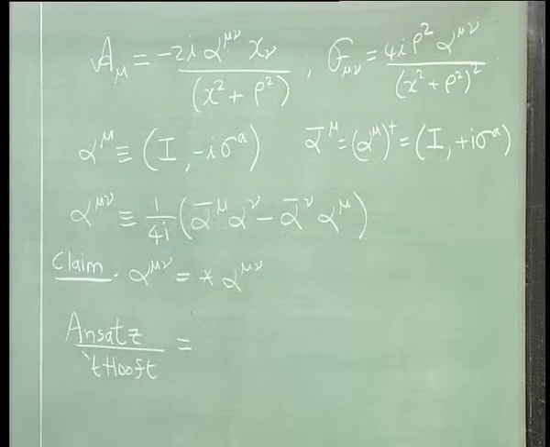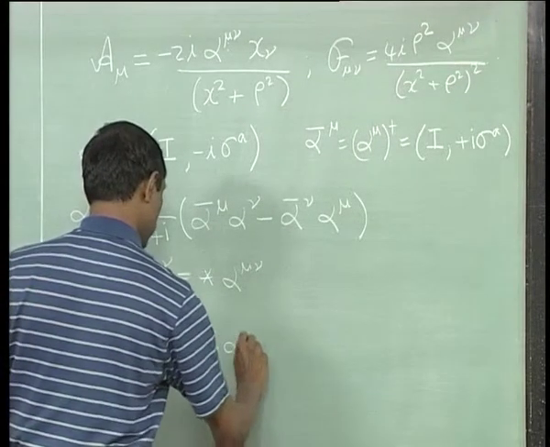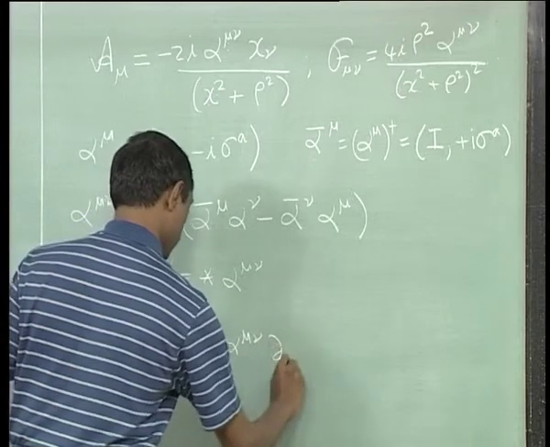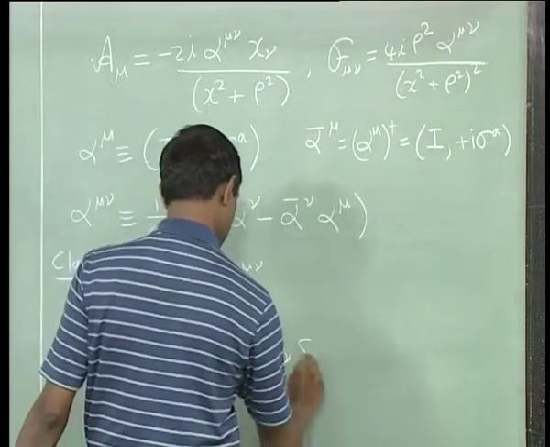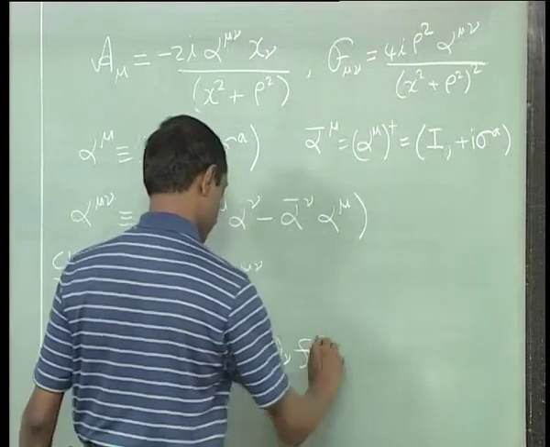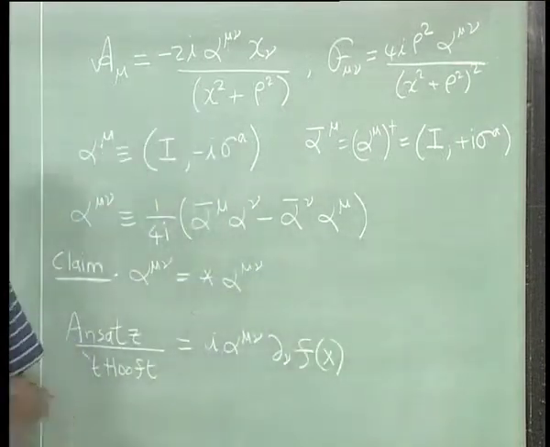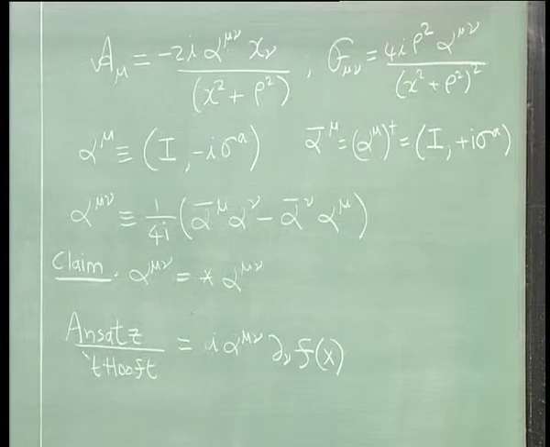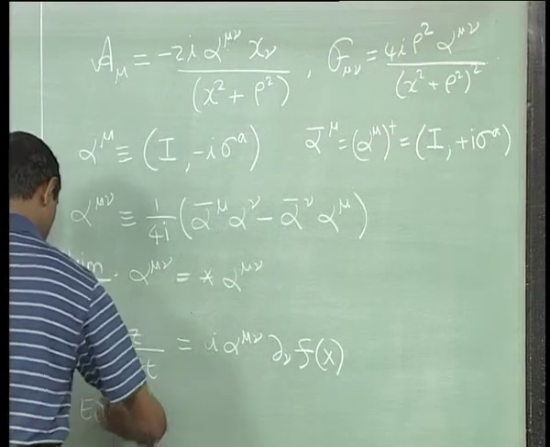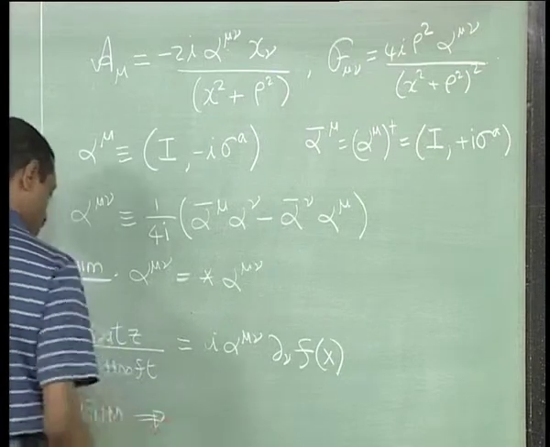Let's choose a mu to be I alpha mu nu times d nu of some function of f. Okay, so this is the ansatz, and then you can ask what is the equation of motion for f, and that is very nice. The equations of motion imply box f.